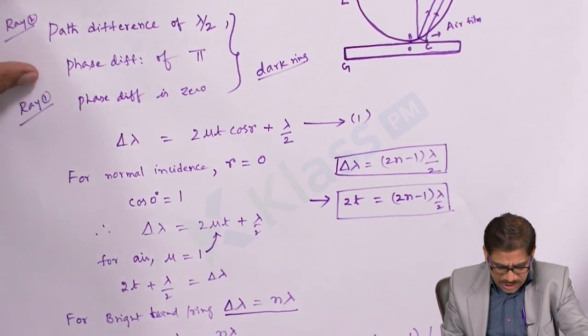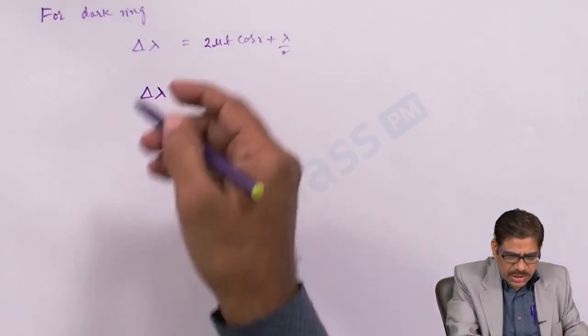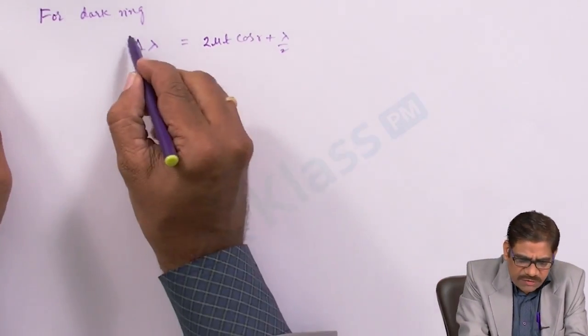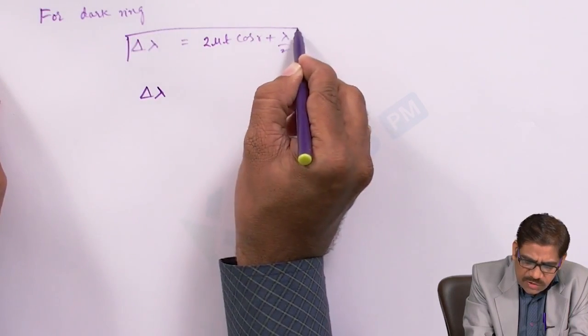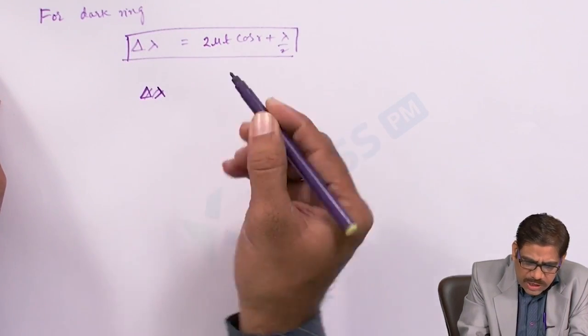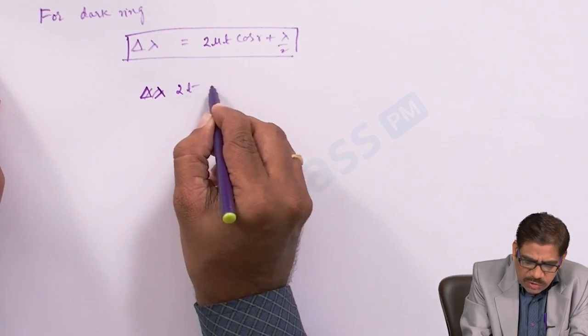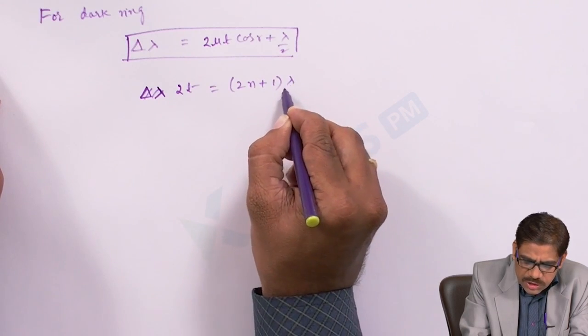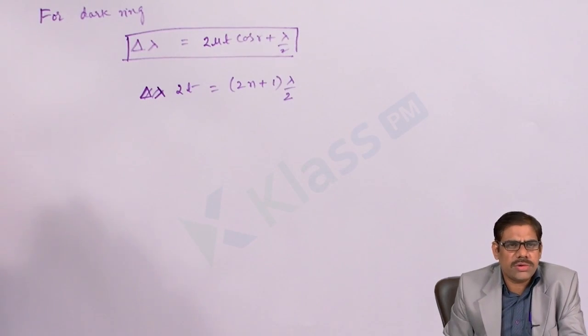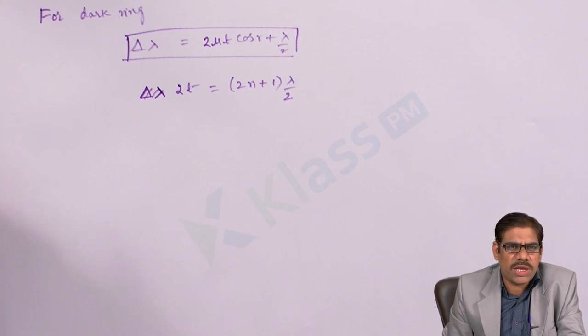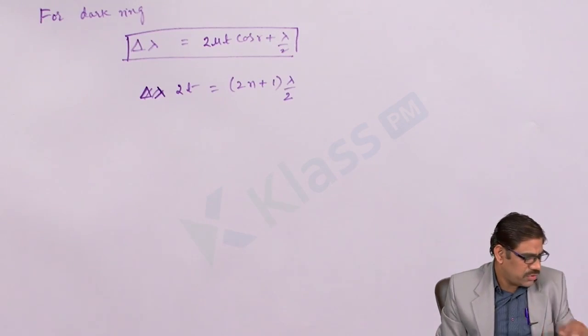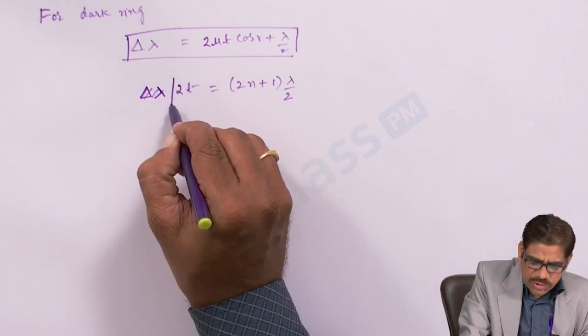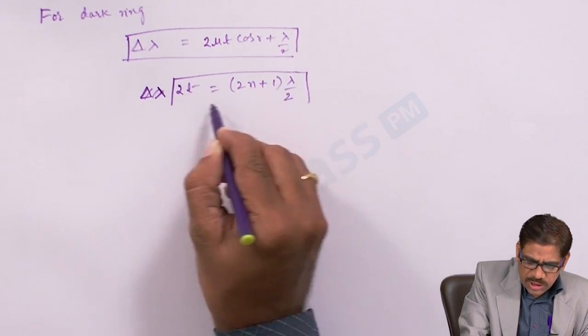Now the same thing, when we apply it for the dark band, for the dark ring, with reference to the same equation, resolving it again, we can write 2t is equal to 2n plus 1 into lambda by 2.